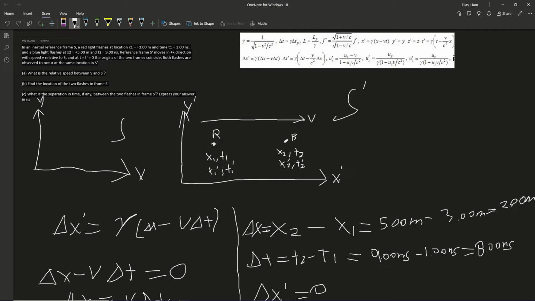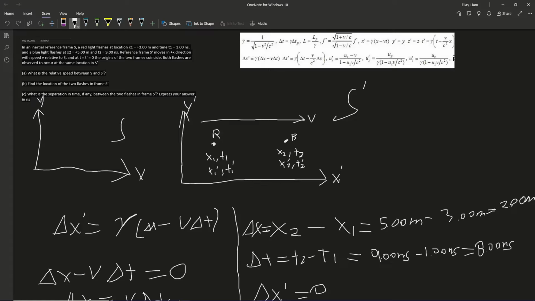So it's okay that they're two different events. We can use either of them to solve this. Here, x prime will be the location of both of those events. They both happen in the same place in S prime. X is going to be equal to that event's location in S, and t is going to be equal to that event's time in S.